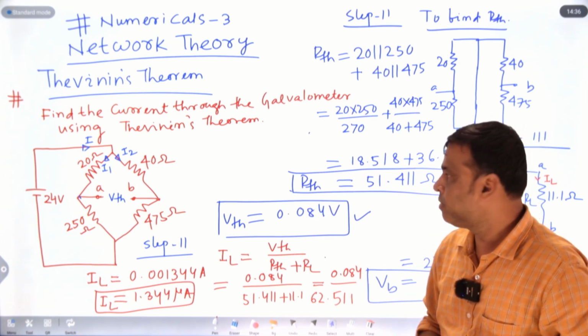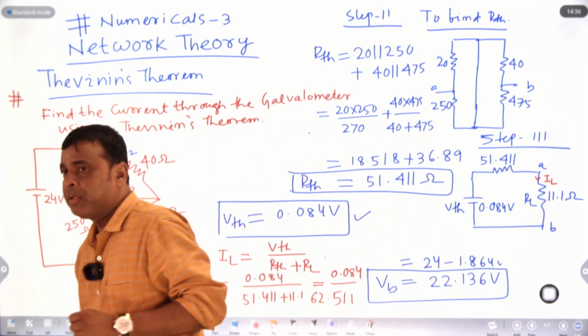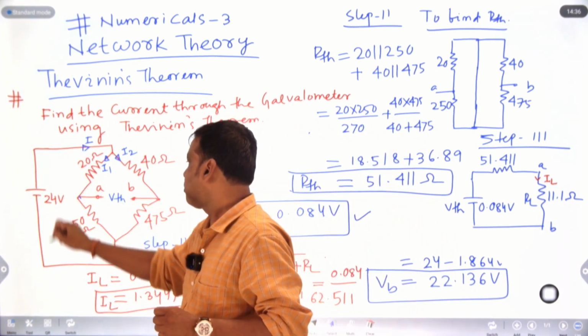How do we calculate Thevenin's resistance? The voltage source should be short circuited, so I have short circuited this 24 volt.